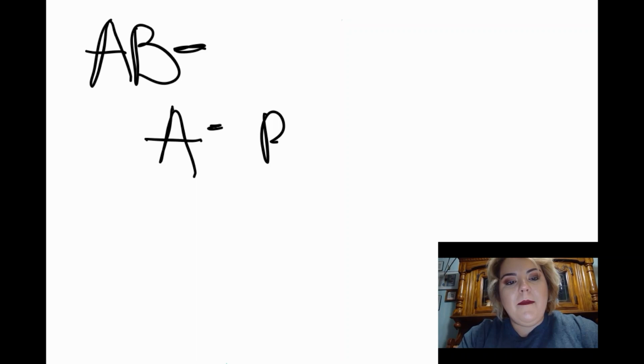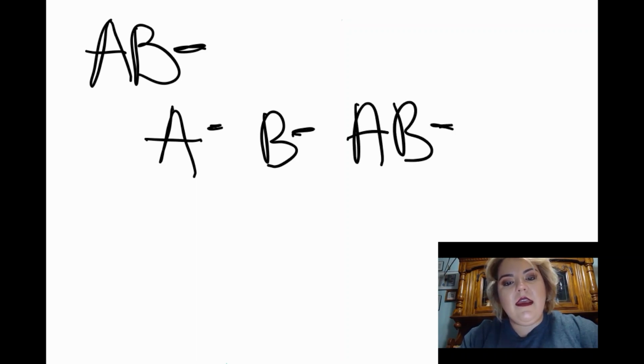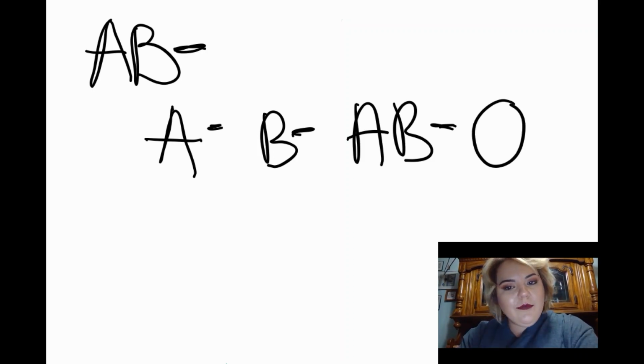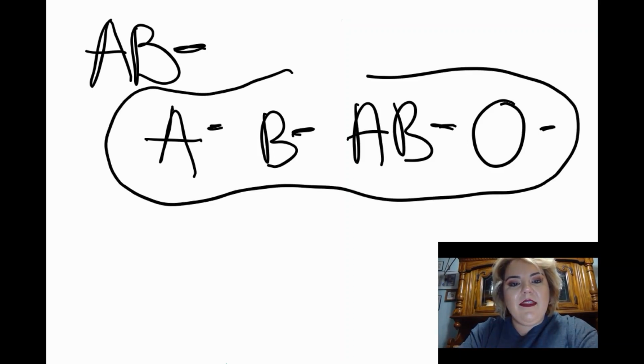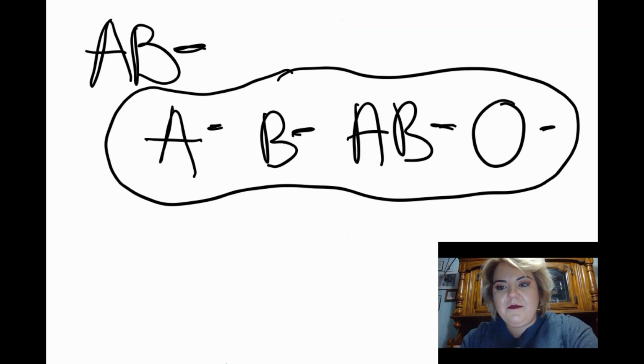So the blood that it can receive is A negative, B negative, and AB negative. Oh, and O negative, because that's our universal donor. So those are the only blood types that this one can receive.